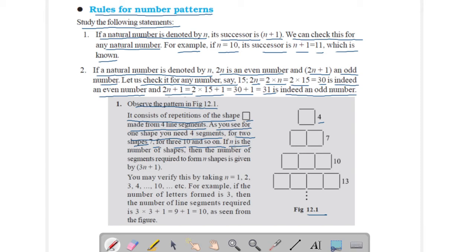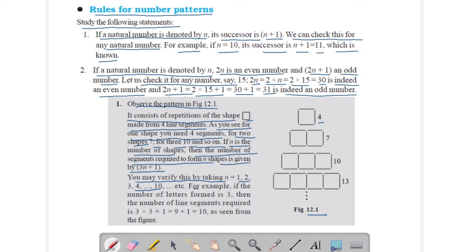If n is the number of shapes, then the number of segments required to form n shapes is given by 3n plus 1. You may verify this by taking n equal to 1, 2, 3, 4, and so on.